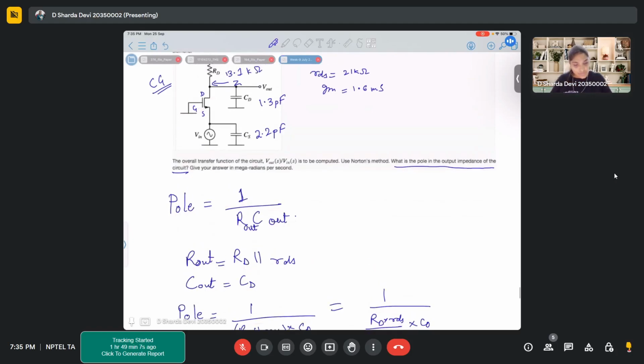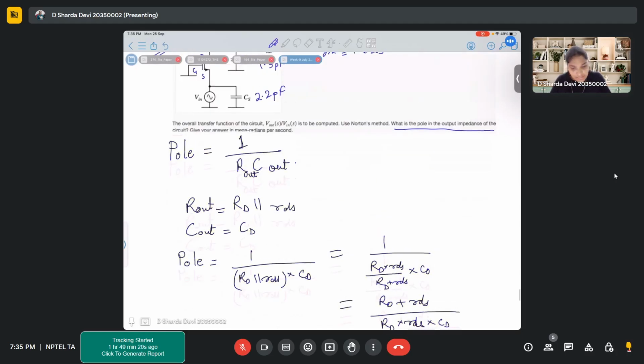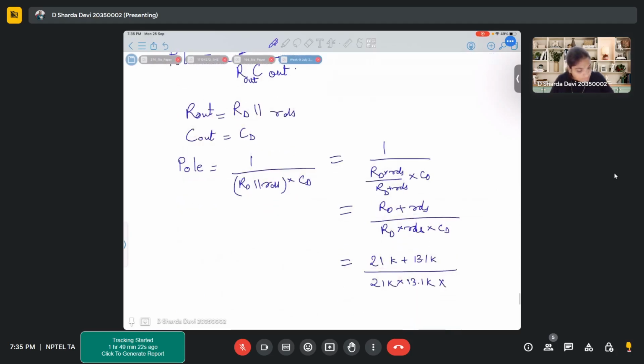So it was 21K plus 13.1K by 21K into 13.1K into 1.3 picofarad.